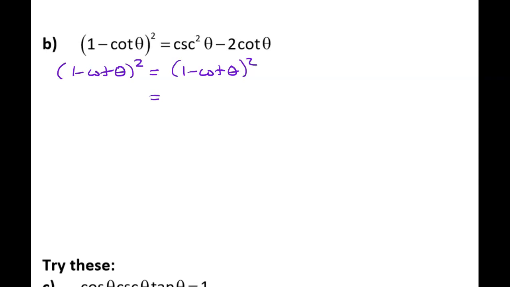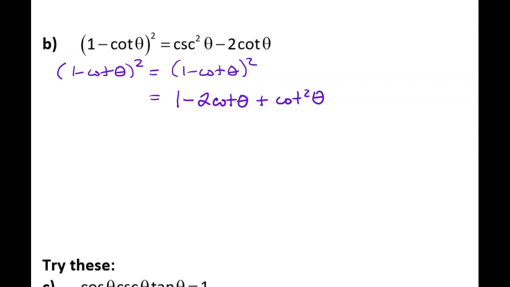One thing that we can do with 1 minus cotangent of theta squared is square the binomial. So 1 minus cotangent of theta times itself is 1 minus 2 cotangent of theta plus cotangent squared of theta. That's just squaring a binomial: a minus b squared is a squared minus 2ab plus b squared.